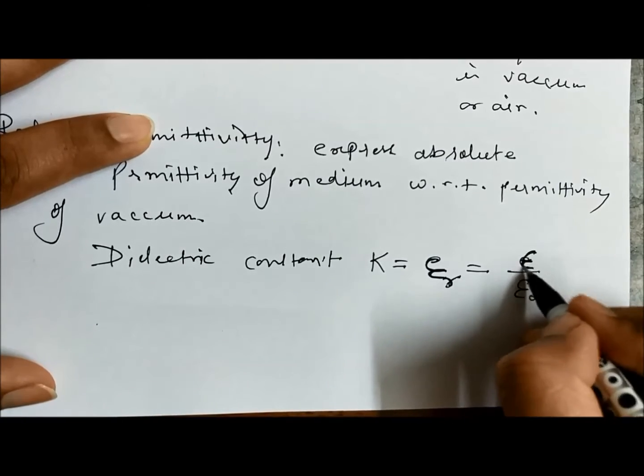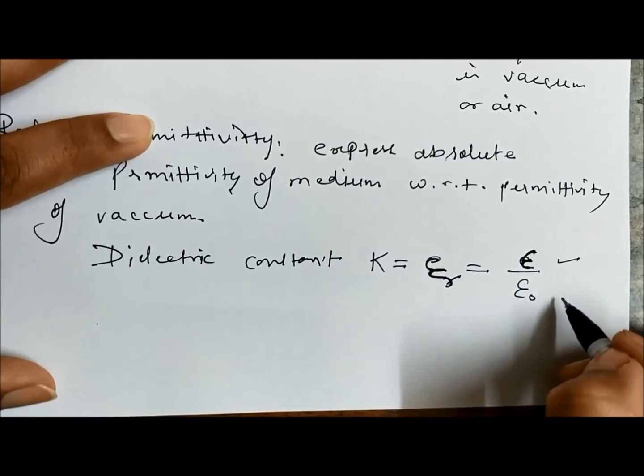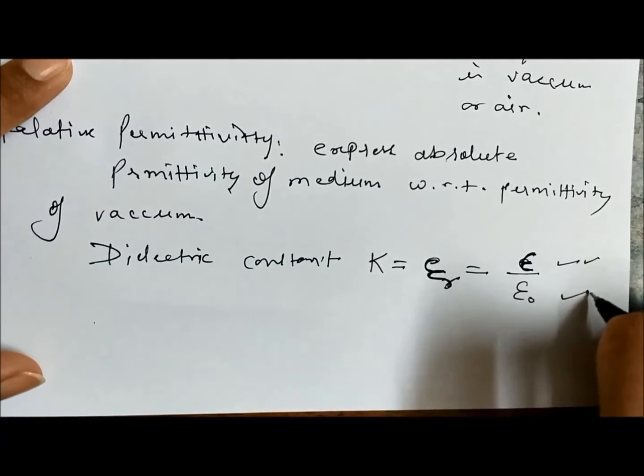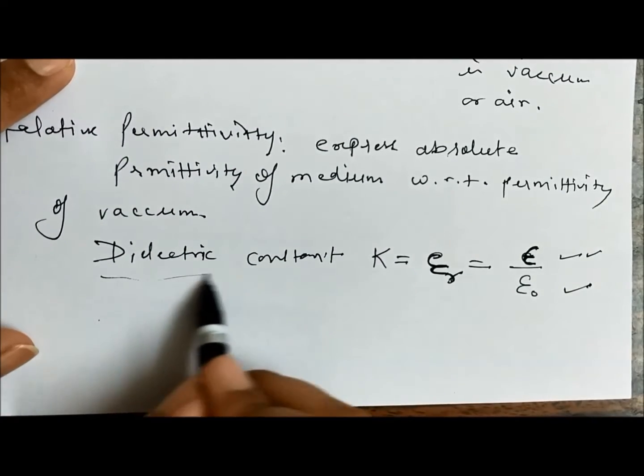Epsilon is permittivity in the medium and epsilon 0 is permittivity in space, and this will be known as dielectric constant.